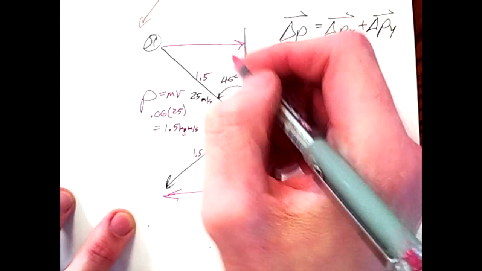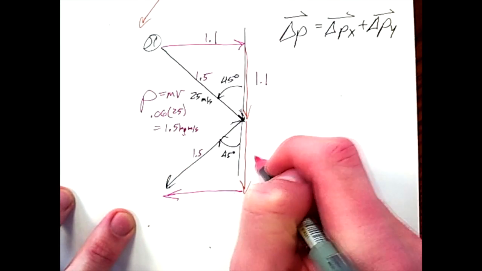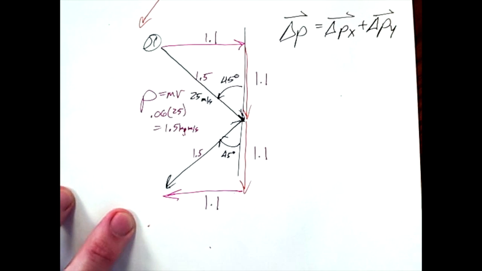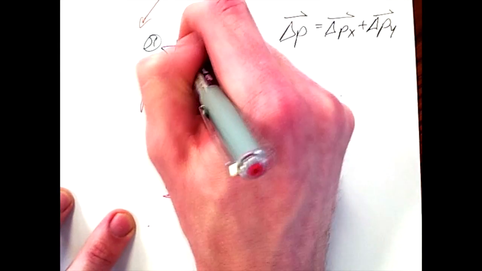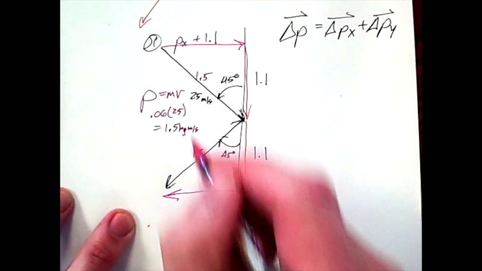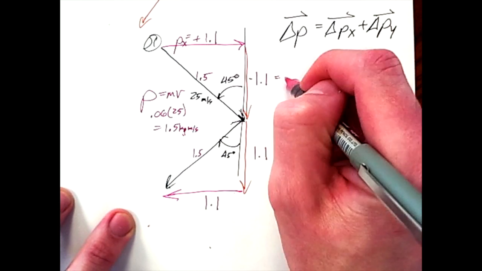When we go through and resolve these components, 1.5 being the hypotenuse, not 25, I find the sides to be 1.1 and 1.1. When we apply our proper frame of direction, this is positive 1.1 and is Px. This is negative 1.1 and is Py.